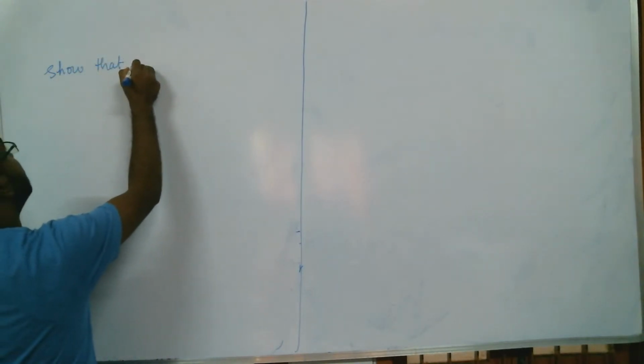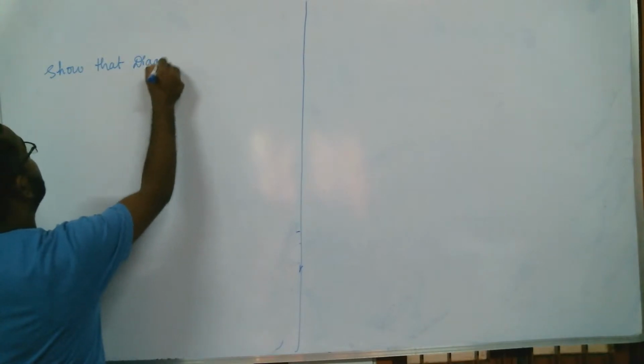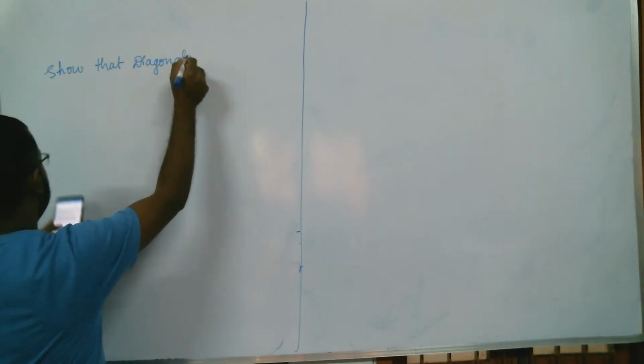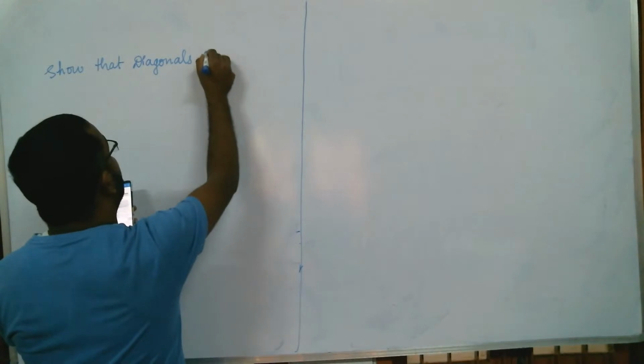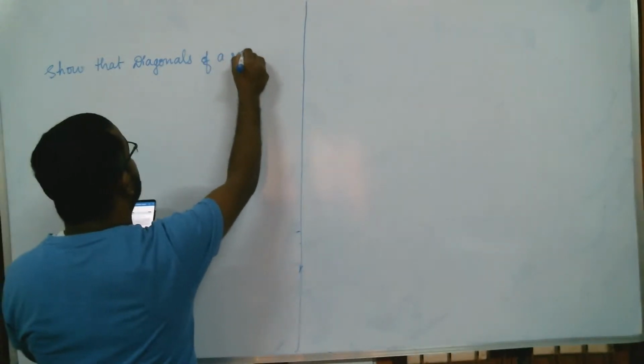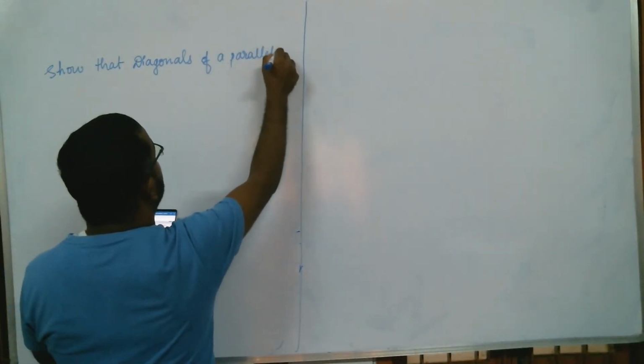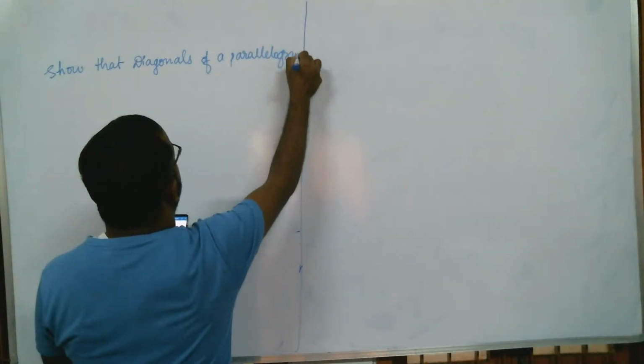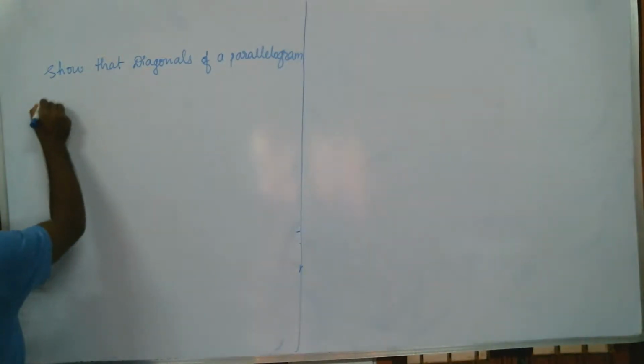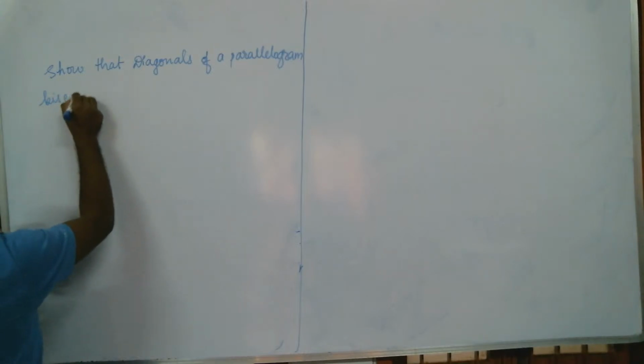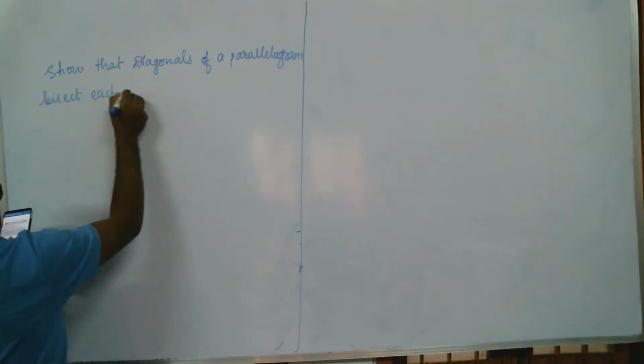Show that diagonals of a parallelogram bisect each other.